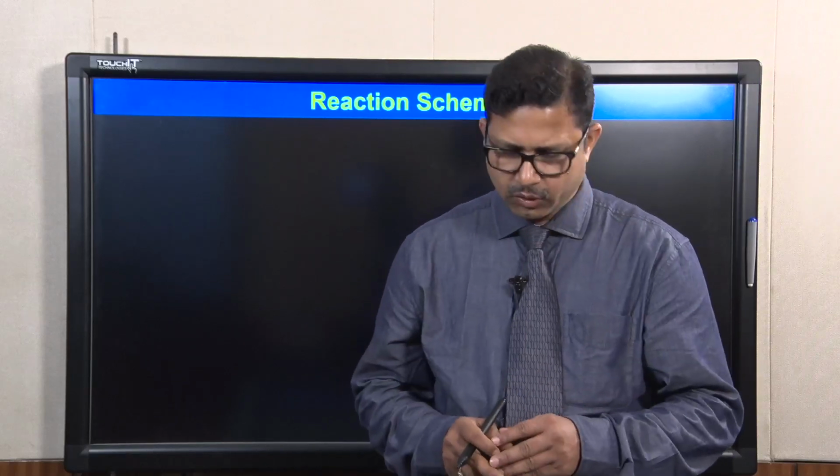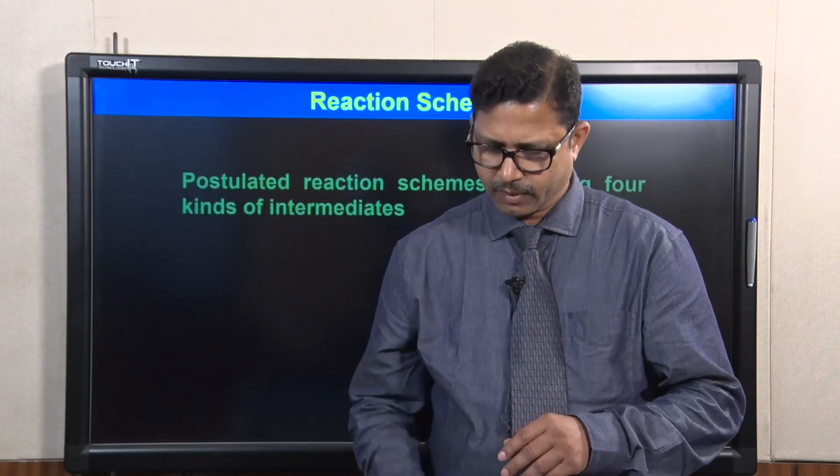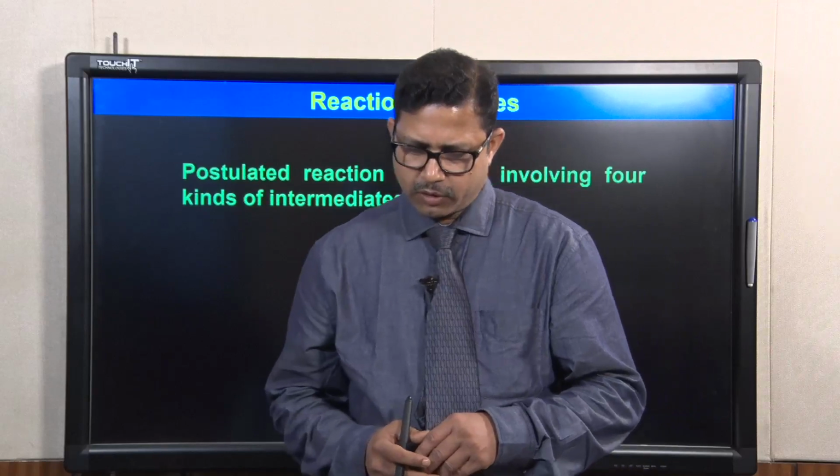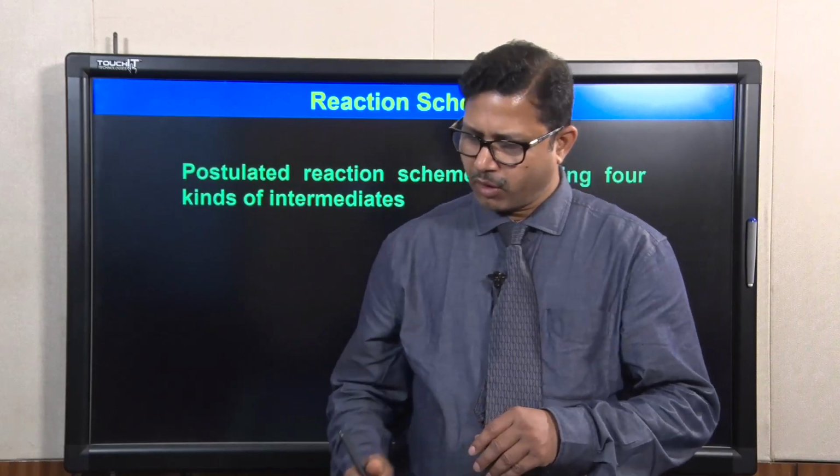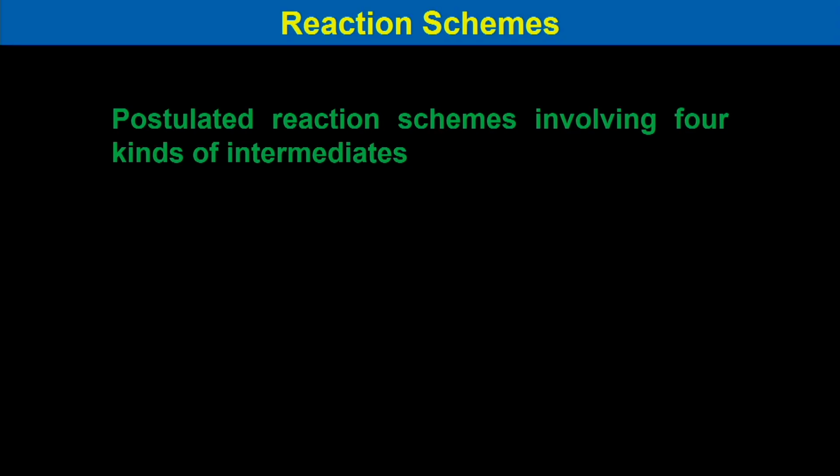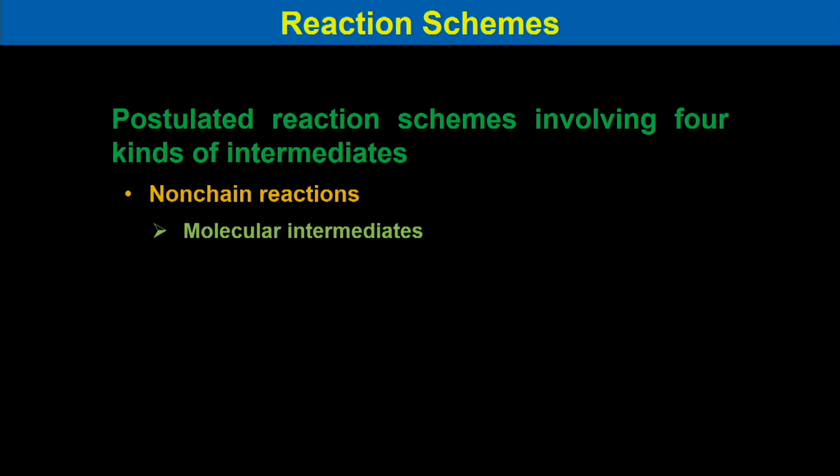This reaction scheme occurs via two different mechanisms. The postulated reaction scheme involving four kinds of intermediates can occur with non-chain reactions and chain reactions.